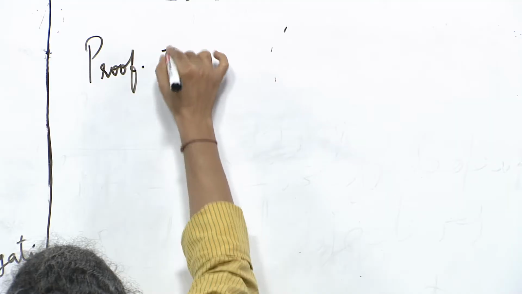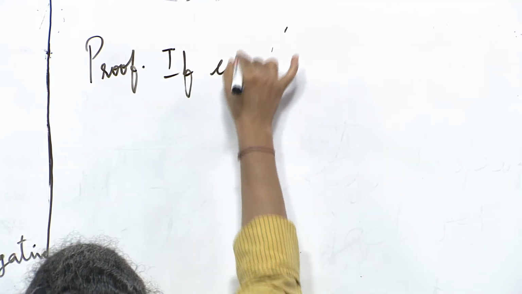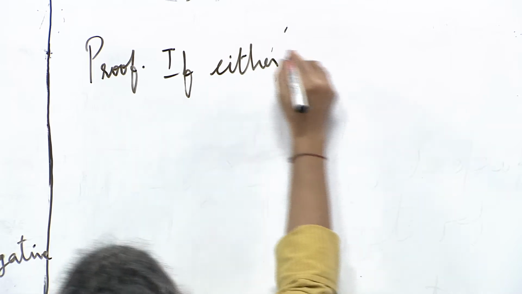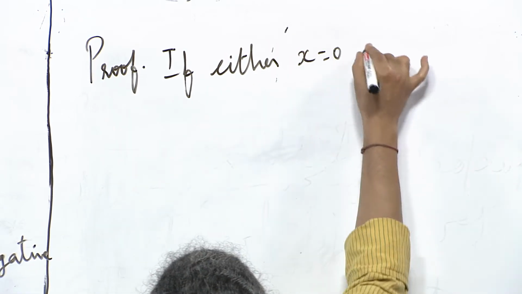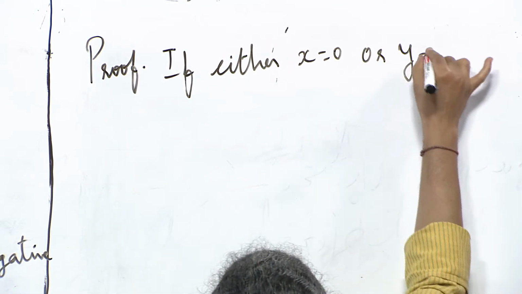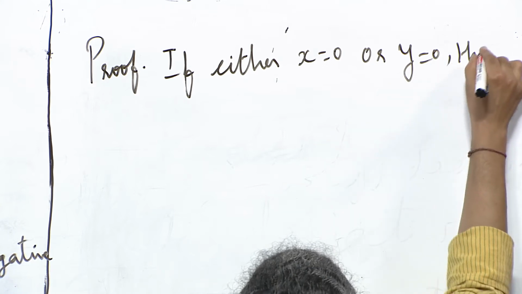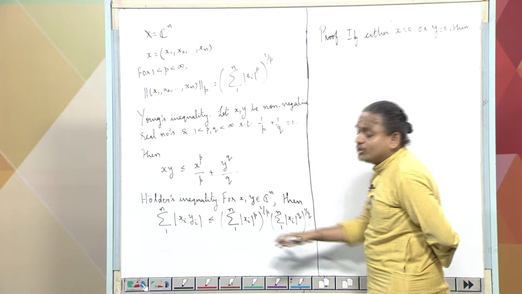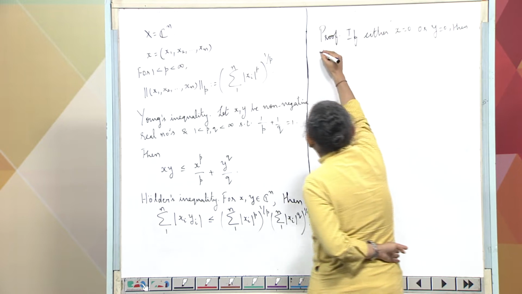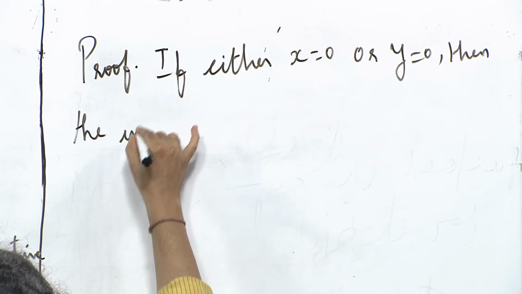So, if either x equal to 0 or y equal to 0, then the inequality holds trivially, which you can easily observe.